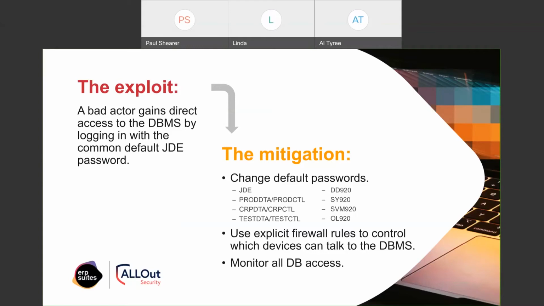So change all those default passwords, and also use explicit firewall rules within your subnets to control what can talk directly to the database. Just because something might be sitting in the same subnet or the same local area network with the database does not mean by default it should be allowed to talk. So identify what needs to talk to the database and only allow that communication to happen.